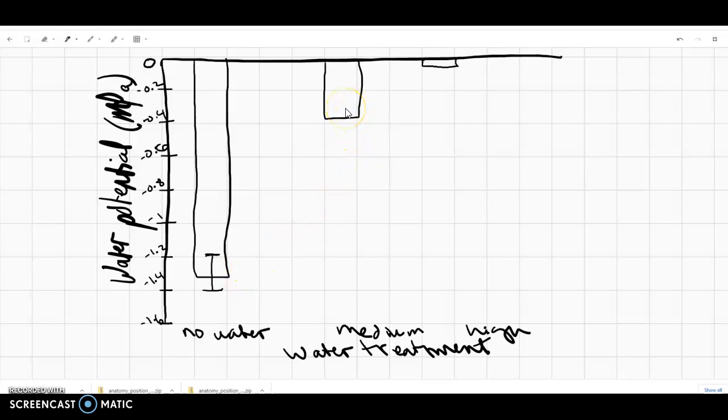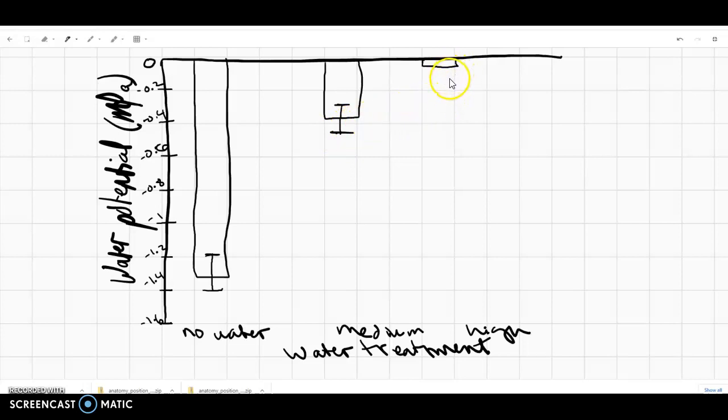For the medium, the standard deviation was 0.05, so we'll add that and subtract it, so that gets us to negative 0.31 all the way to negative 0.43. So there's our I-bar for that one.